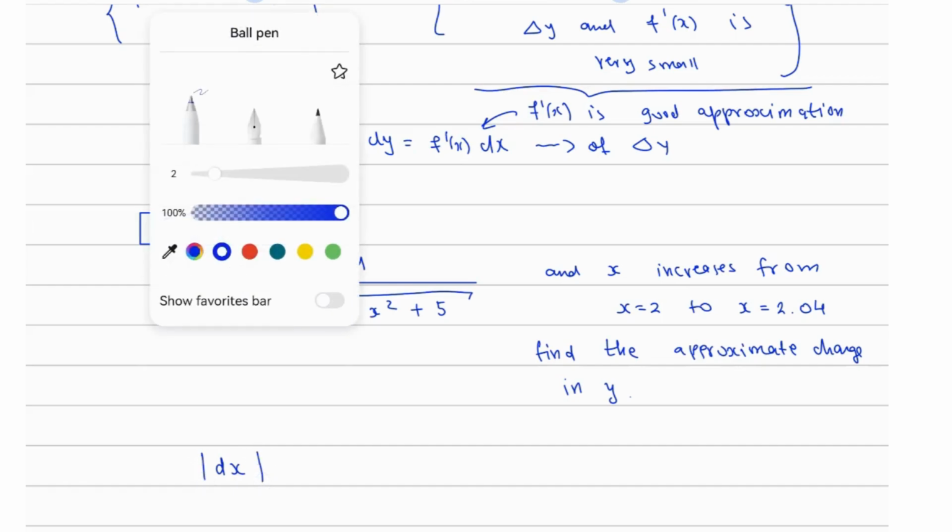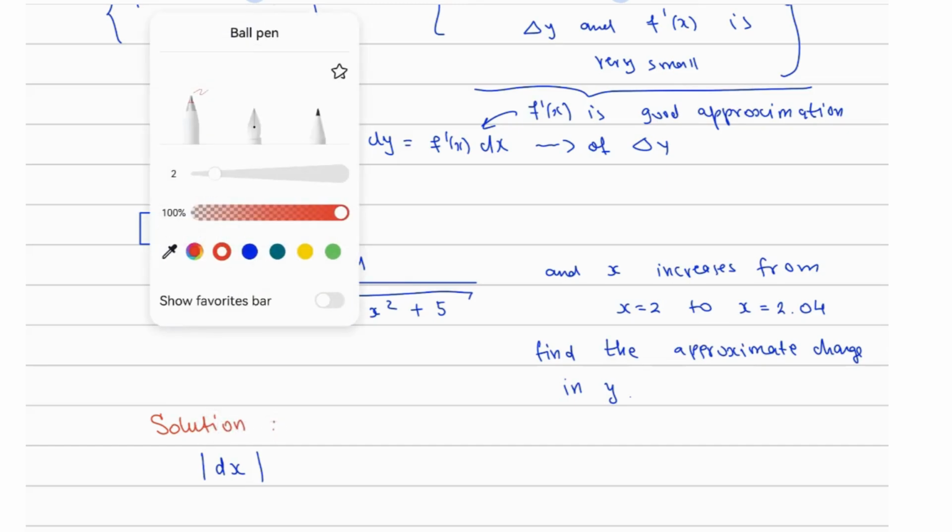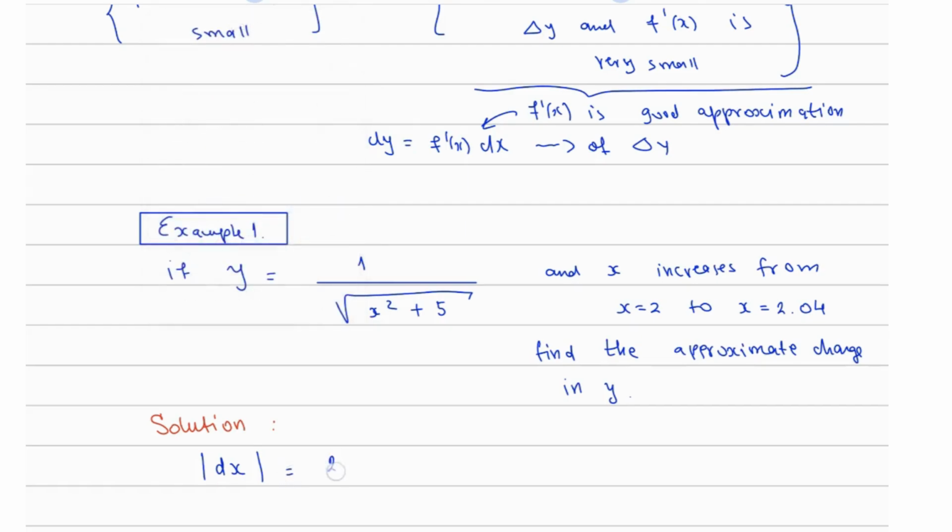I'll write here the solution. You can see that dx is 2.04 minus 2, which is 0.04.